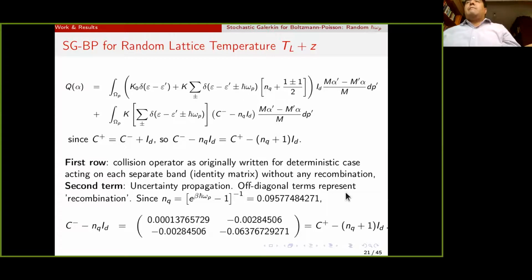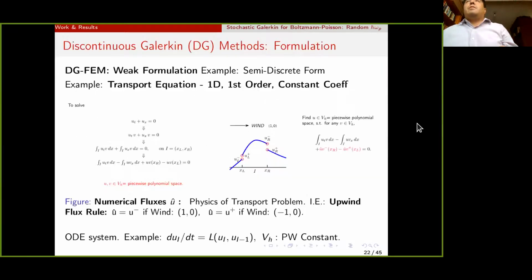And what you're going to have is off-diagonal terms which are representing recombination across the two bands of your system. And so this is an estimate. Excuse me. Actually, there is a symmetry between the C plus and C minus because they differ by the identity matrix. So the two terms that appear in here are the same. The first is the typical one in the deterministic case, no recombination. The second one has the recombination and is the one taking charge of the propagation of uncertainty.